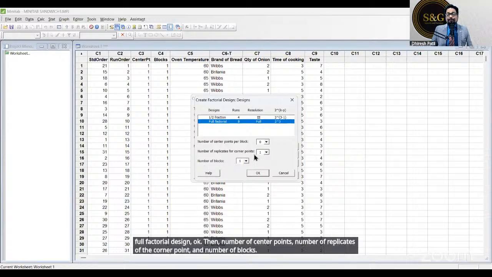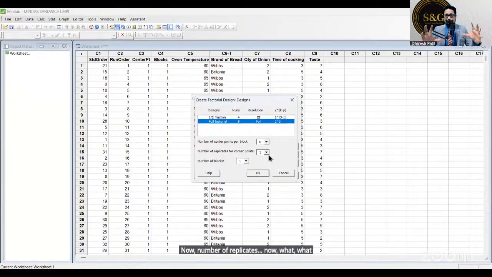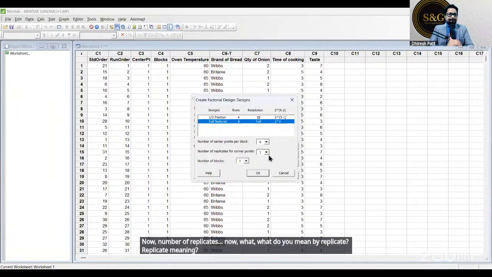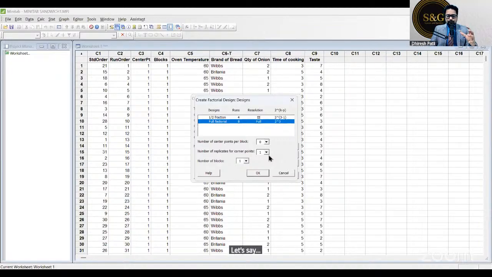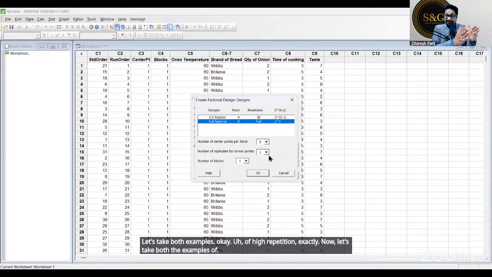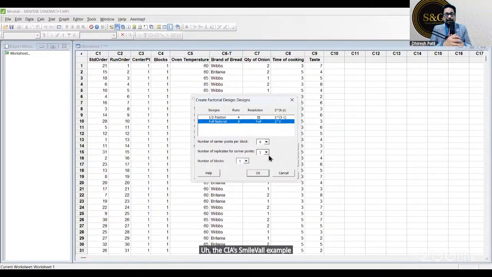Now number of replicates. What do you mean by replicate? Let's take both the examples, the Sia's smile example and the chicken feed example. In Sia's smile, when she did not smile when Ajay was there, that data was influenced by a lurking factor.